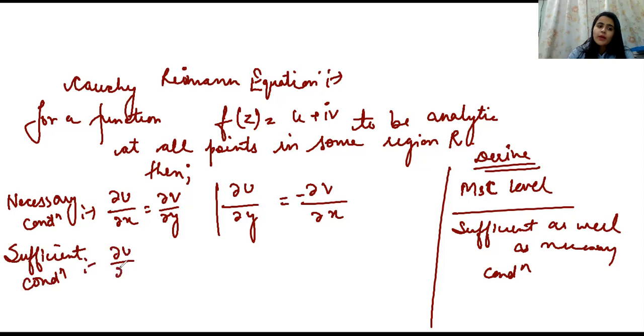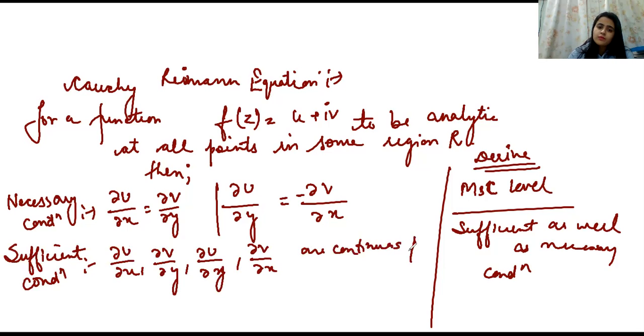That curl u by curl x, curl u by curl y, curl v by curl x, and curl v by curl y are continuous functions of x and y.